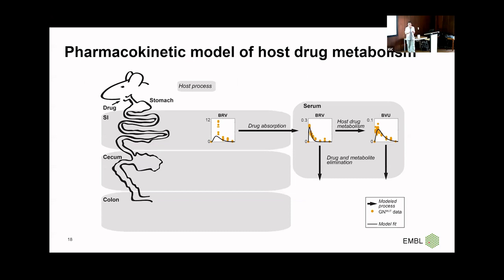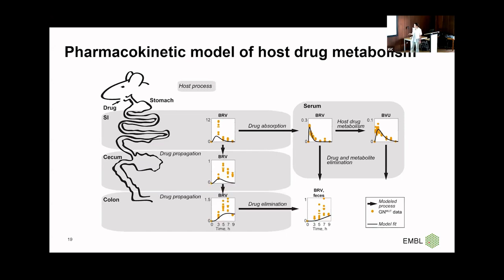So to quantify specifically the microbial contribution to drug metabolism, we developed a pharmacokinetic modeling approach where we consider different processes of drug metabolism in the body. When the drug enters the body, it can be either absorbed from the small intestine into systemic circulation, where it can be metabolized by the host, or it propagates down the gastrointestinal tract and gets eliminated from the system.